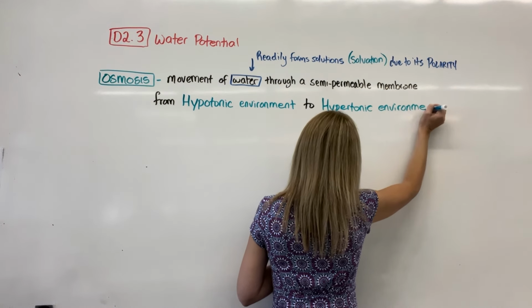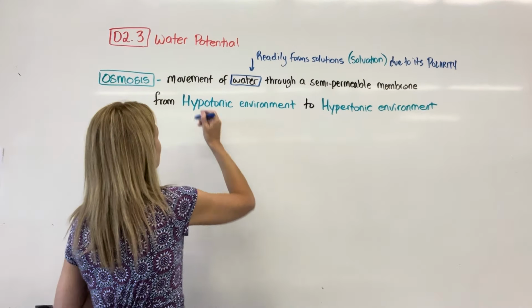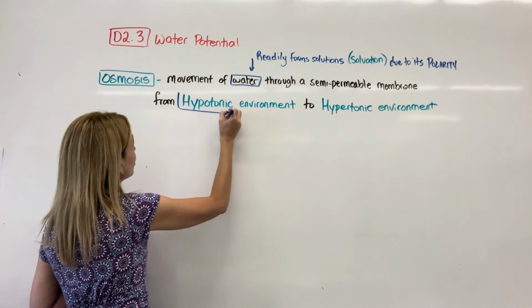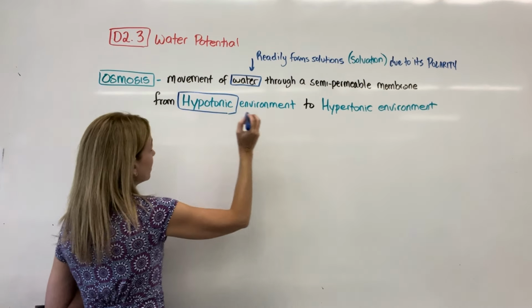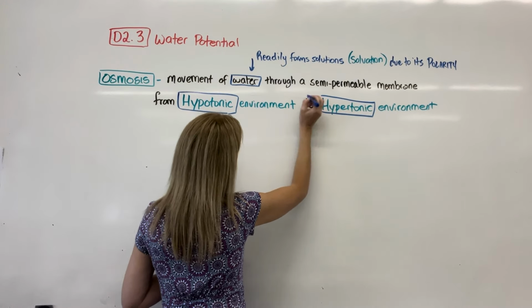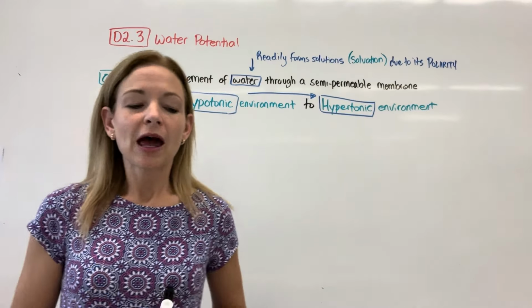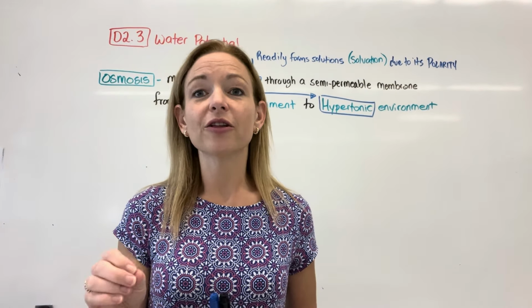So if you are an SL student, the way you should predict water movement should be related to these words here. So hypertonic and hypotonic. So from hypotonic to hypertonic is the way that we're going to predict it. I'm going to go ahead and add under there.